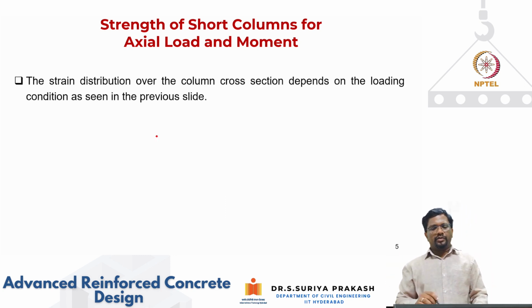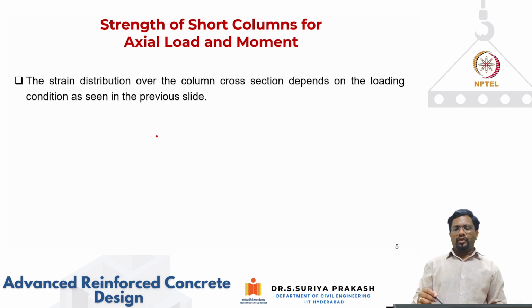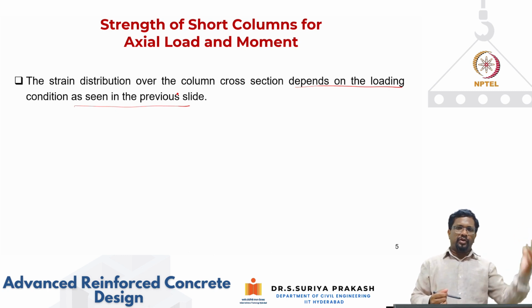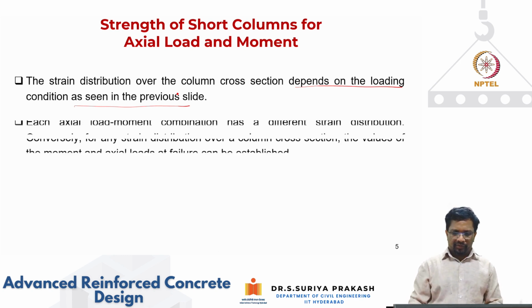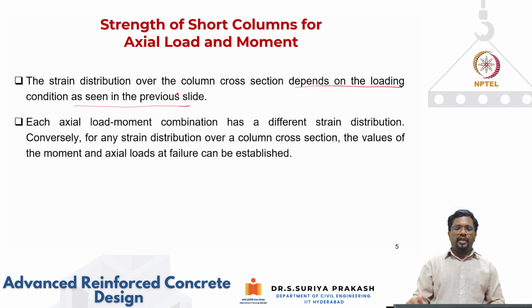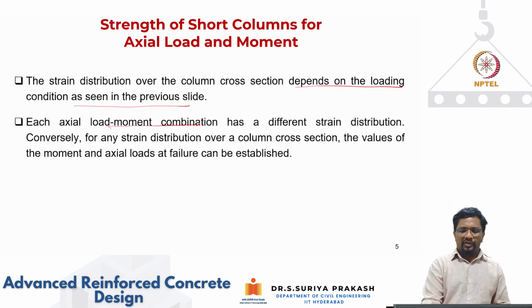Now let us see. The strain distribution over the column cross section depends upon the loading condition, as we have seen in the previous case. You have pure compression, you have pure bending, and then different combinations of bending and compression are possible. Each axial load moment combination has a different strain distribution.